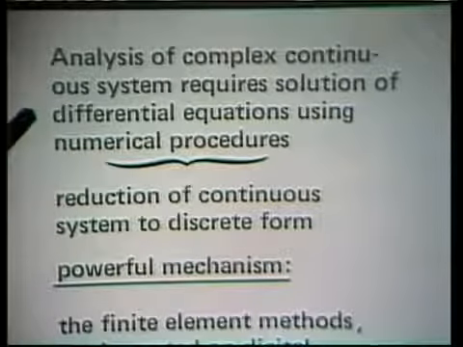The steps involved in the analysis of such discrete systems are very similar to the analysis of complex finite element systems. The steps involved are the system idealization into elements, and that idealization is somewhat obvious because we have the discrete elements already. The evaluation of the element equilibrium requirements, the element assemblage, and the solution of the response.